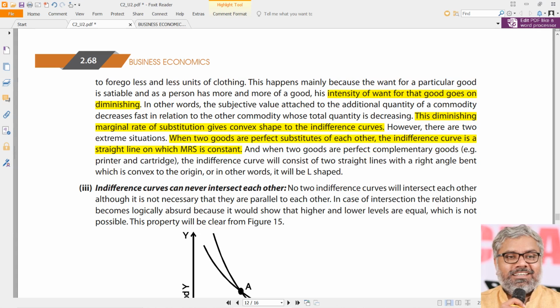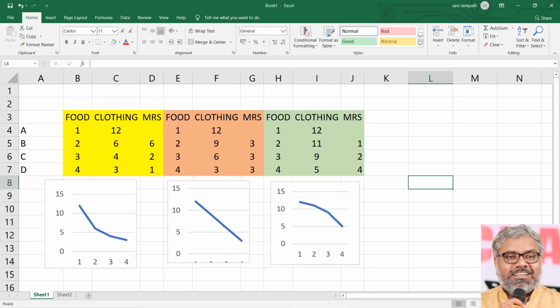And that is when the marginal rate of substitution is constant. So, extreme situation, if at all goods are perfect substitutes, and we cannot say food and clothing are perfect substitutes. Some two goods, whatever they are, X and Y, if they are perfect substitutes, then the marginal rate of substitution will be constant.